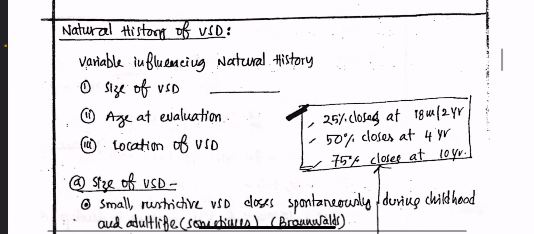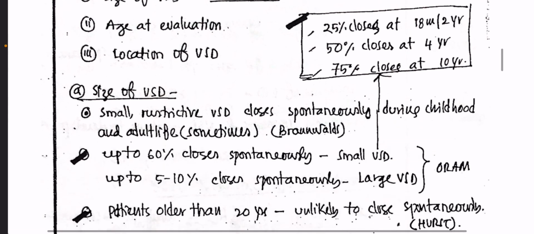Now, what is the natural history of ventricular septal defect? Variables influencing natural history: it depends upon size of VSD, age at evaluation, location of VSD. 25% of VSD closes at 18 months or 2 years, 50% closes at 4 years, 75% closes at 10 years.